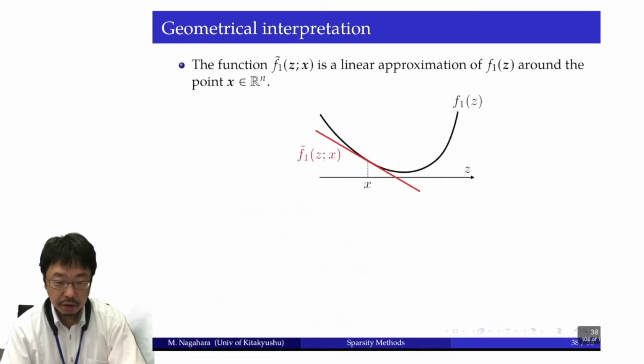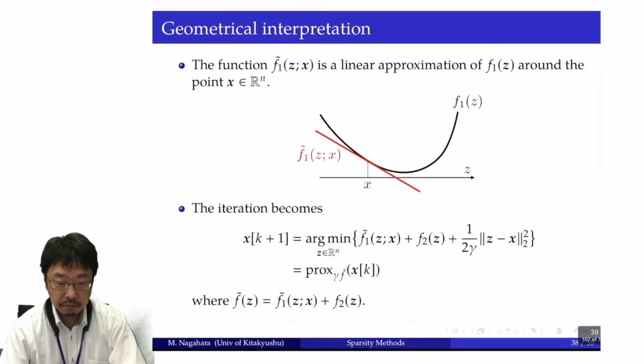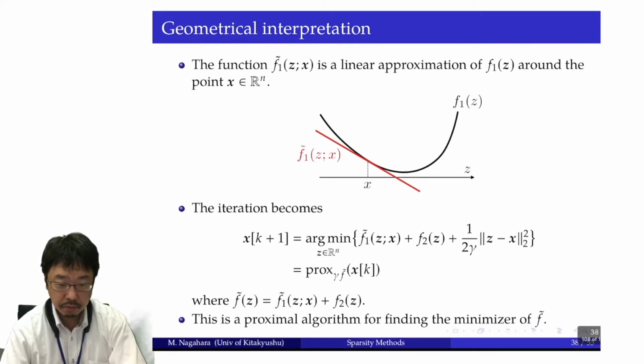The function f1 tilde z x is a linear approximation of f1 z around the point x, as shown in this picture. The iteration becomes x_{k+1} is prox gamma f tilde of x_k, where f tilde x is f1 tilde z x plus f2 z. This is a proximal algorithm for finding the minimizer of f tilde, which is an approximation of the original f by using linearized f1.